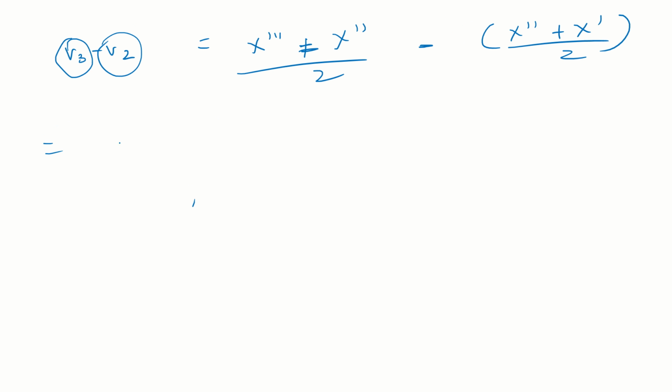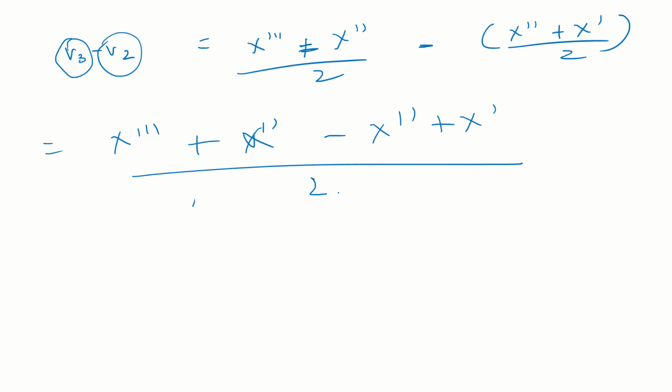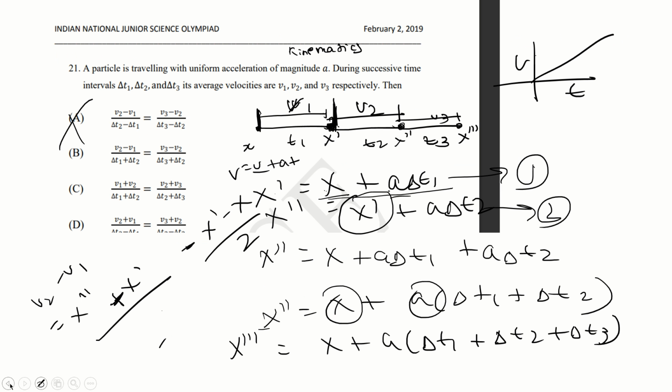So that will get us (x triple dash plus x double dash minus x double dash plus x dash) whole upon 2. So then we'll get this cancelled, so (x triple dash minus x dash) by 2. Now x triple dash minus x dash is going to give us this x triple dash, and this is x dash.